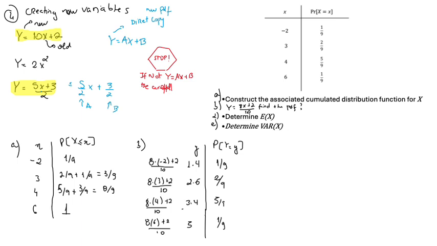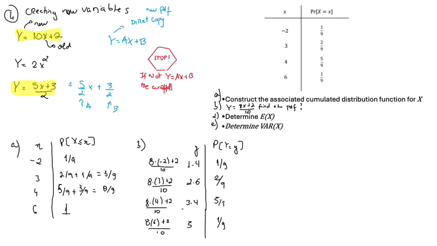I'm not saying that it will always be different and not a direct copy, but it can be. So every time you see a relationship that is not y equal to ax plus b, just be mindful that you have to pay attention to what you're doing. So I'm going to do it in an example.